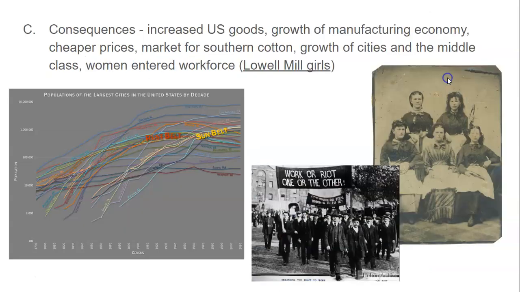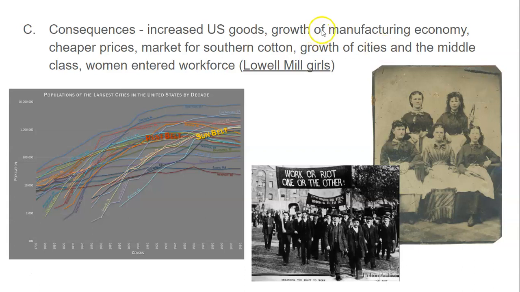Okay, so let's look at the consequences of the Industrial Revolution and interchangeable parts in factories. So, with these factories producing all these goods, we don't really have to rely on European goods anymore. So we're going to have American made goods. People are buying those.